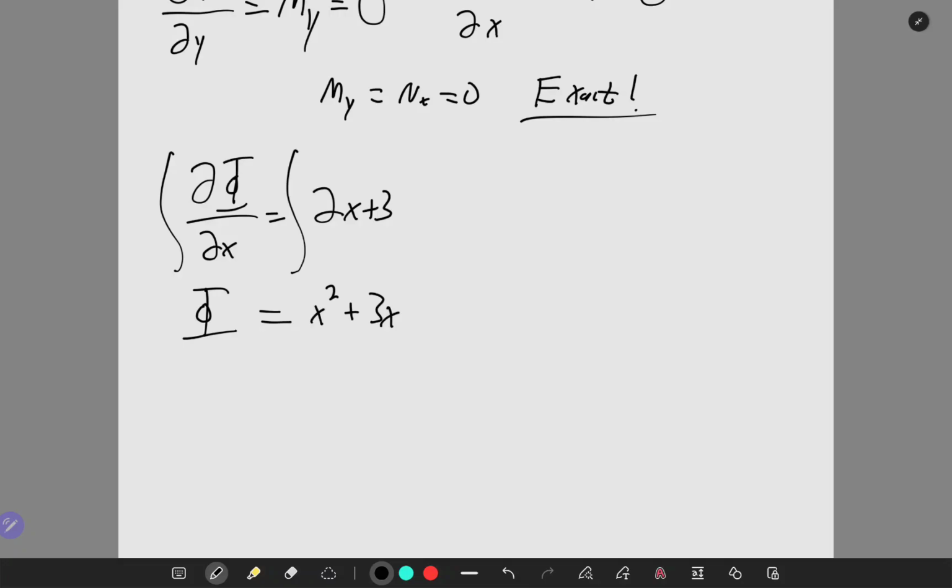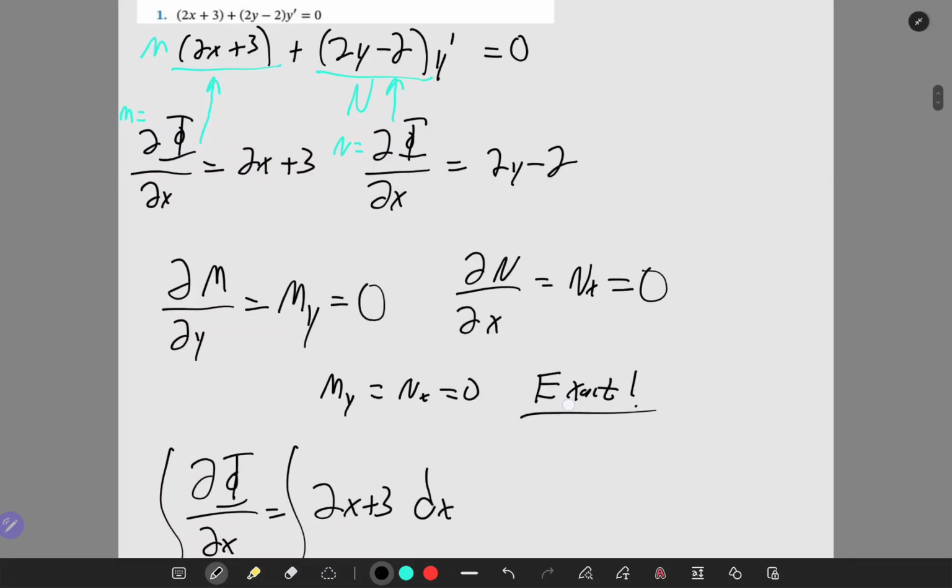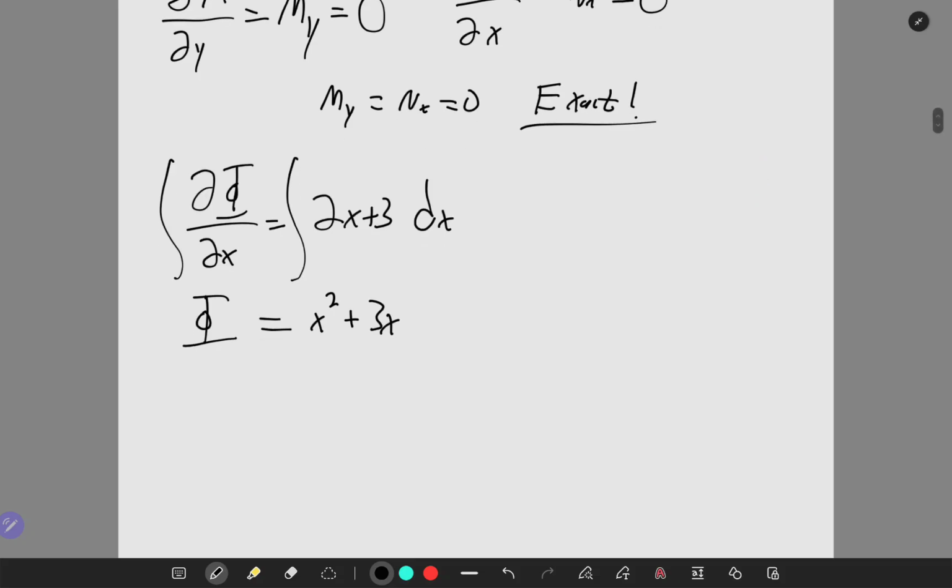Okay, so now we're also going to have a constant here. But because this is actually, you can think of it like a partial integral. We're integrating with respect to x. In these problems, we're going to have N and M that have x and y in them. So when we have the integral of x and y, we're only going to take the one. I'll show you in the next example.